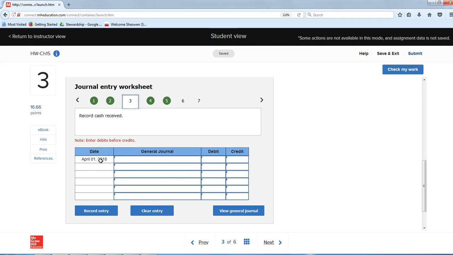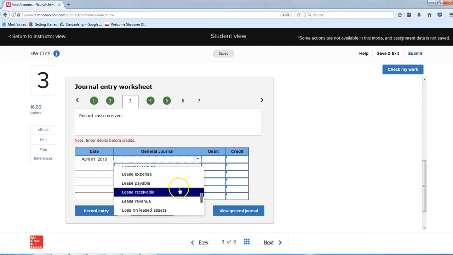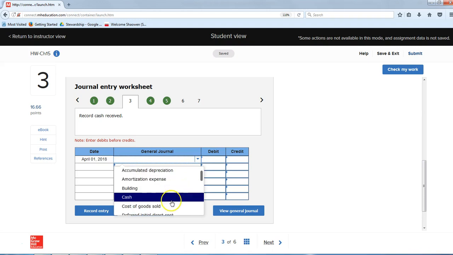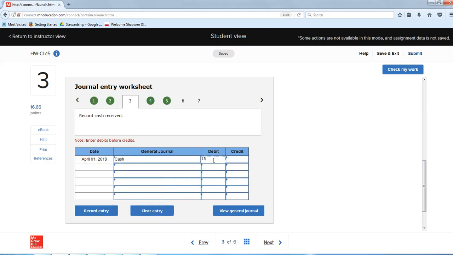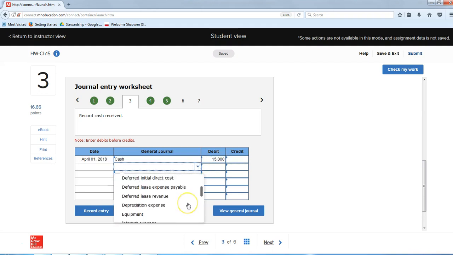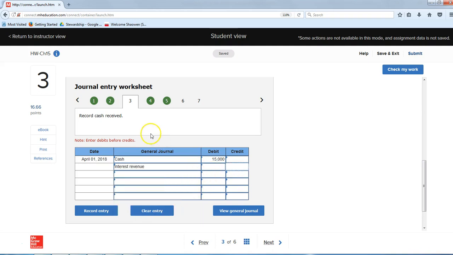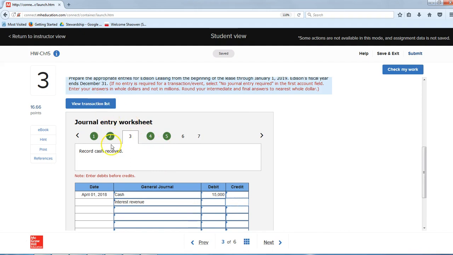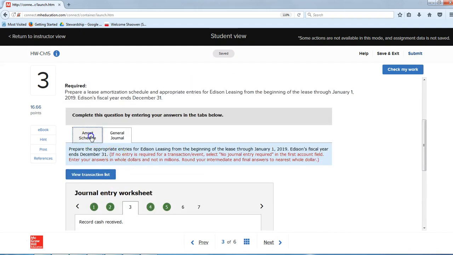April 1st, 1 quarter later, they receive cash of $15,000 again. This time there is interest revenue because three months of time period has passed. So go back to my amortization table, requirement 1.